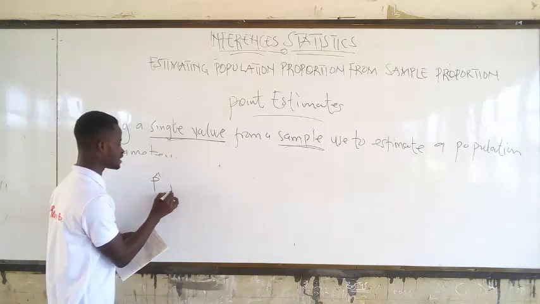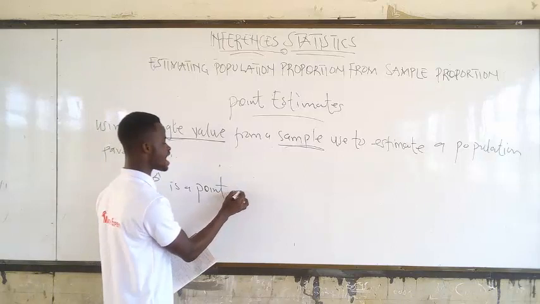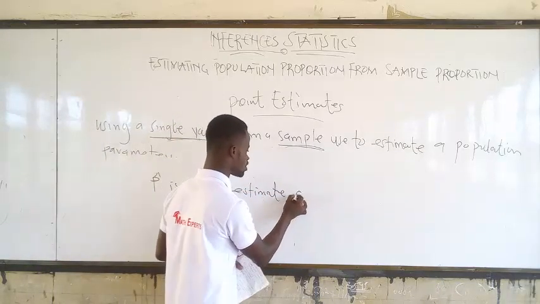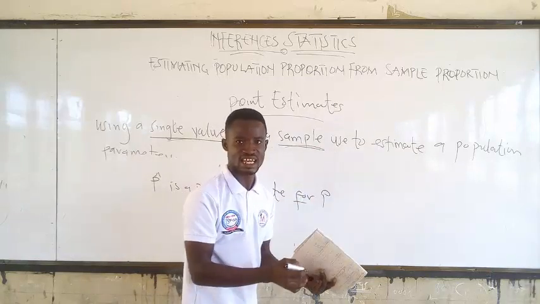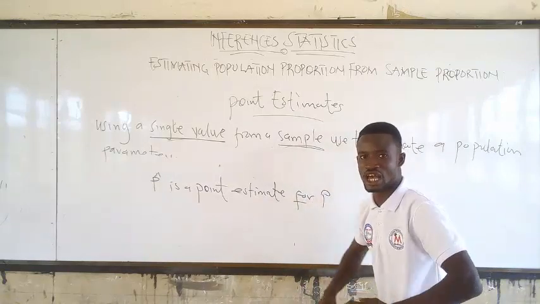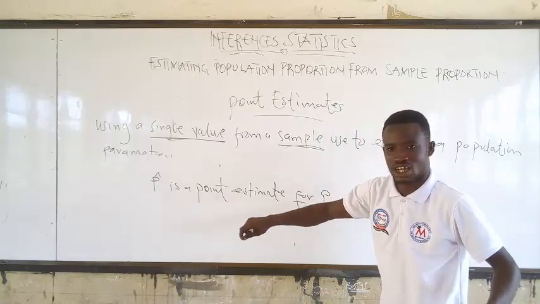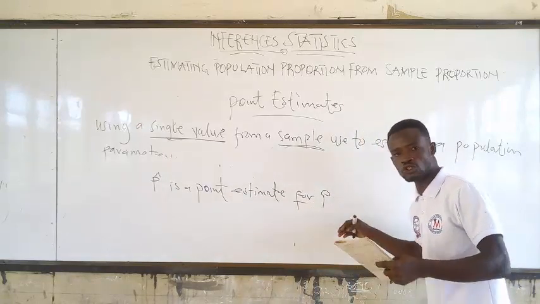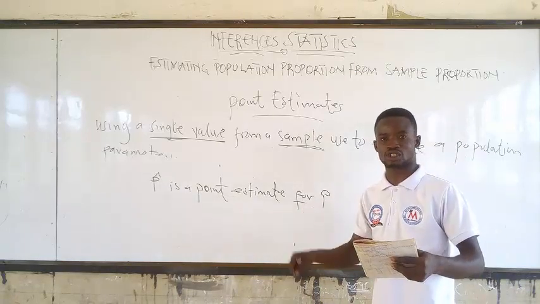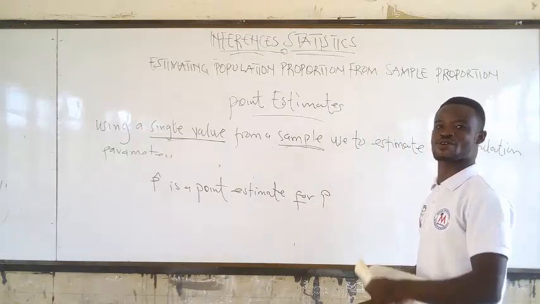Good, I love it. Now, so let's see what this P hat is going to be. The P hat is a point estimate for P, because we cannot use the whole population, but we can use a sample of the proportion in order to get what we want.